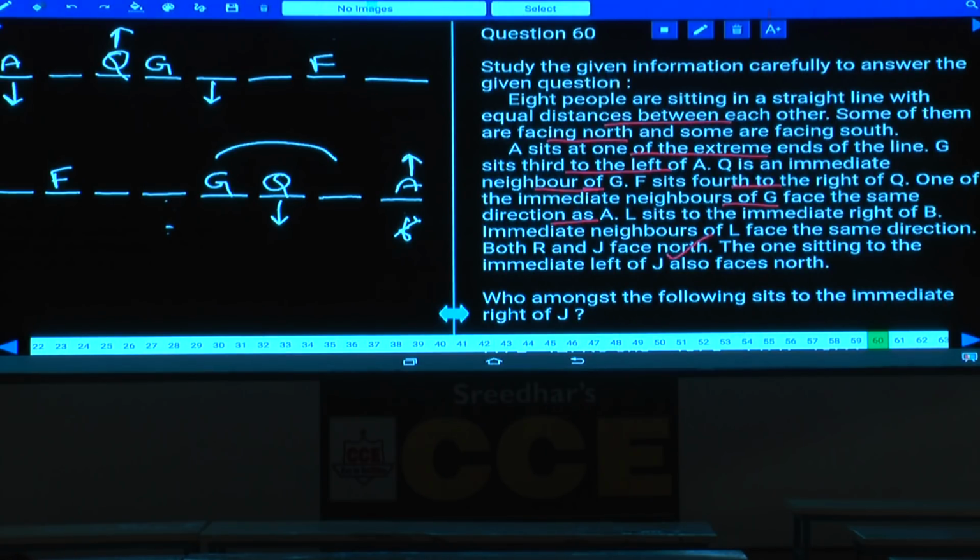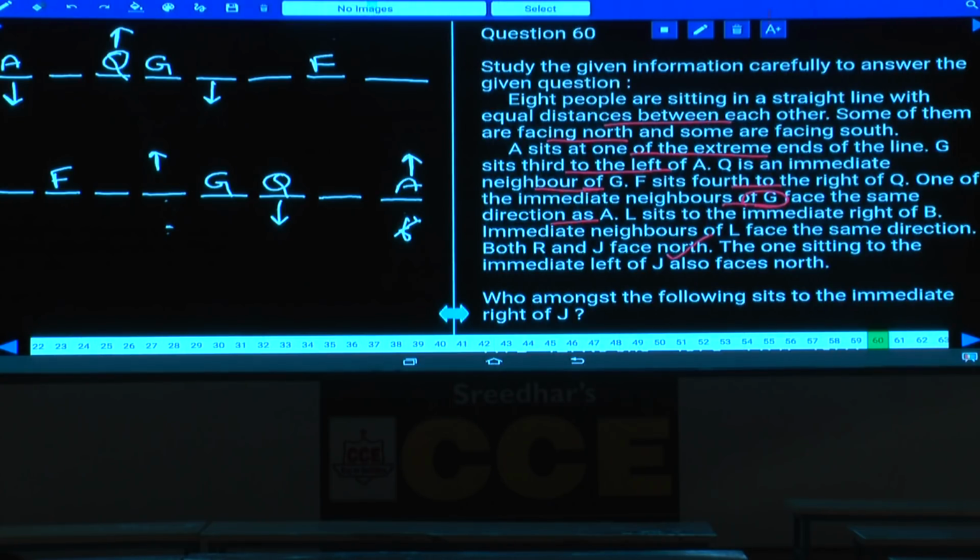One of the immediate neighbors of G is Q, or this person, and Q and A must be facing the same direction, which is not possible. And the other person who can be the immediate neighbor of G must face towards north. Now this person must be facing north. Done with this? Next one.